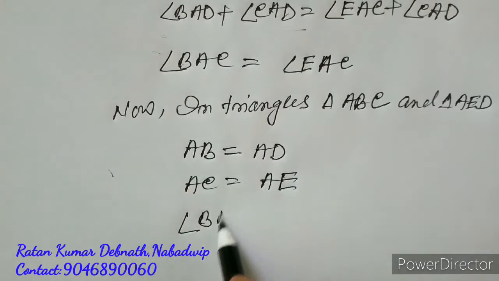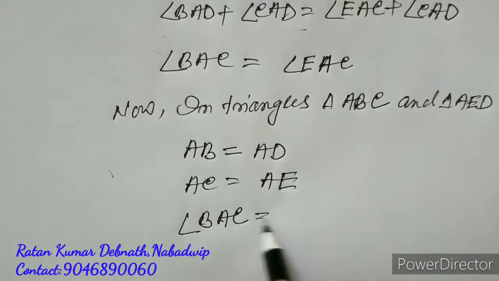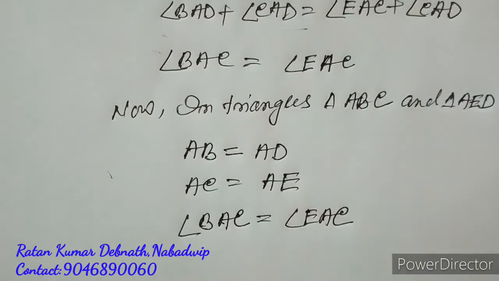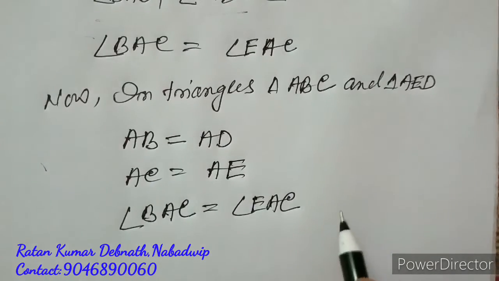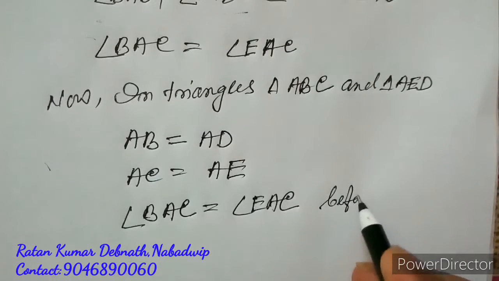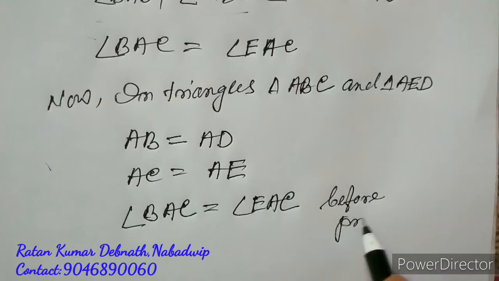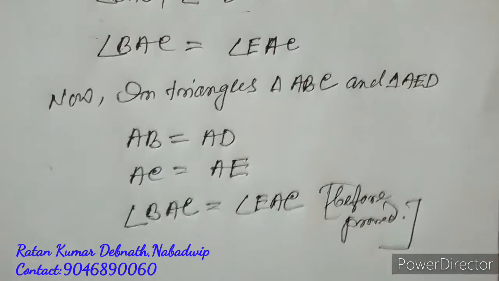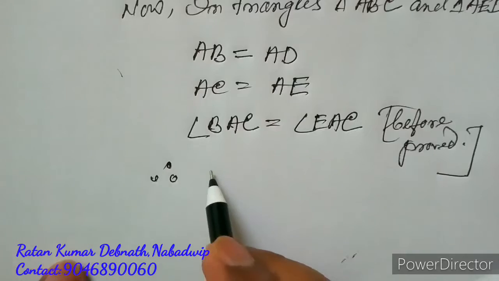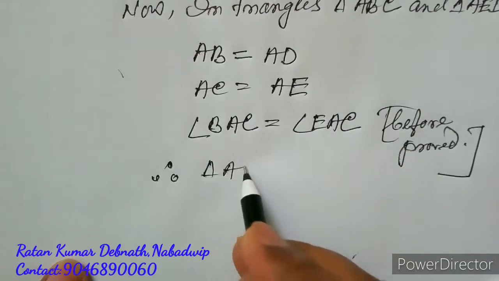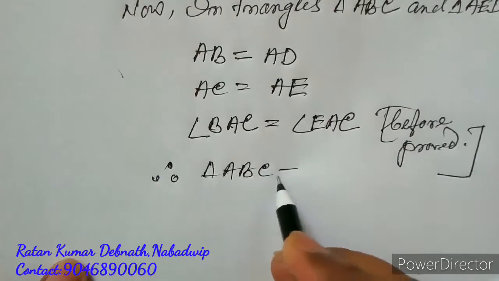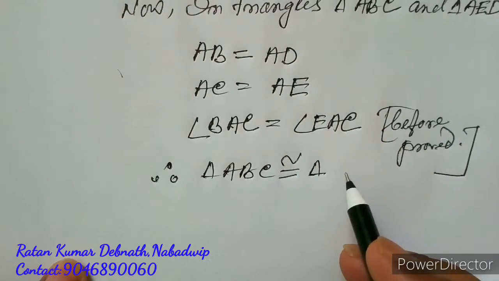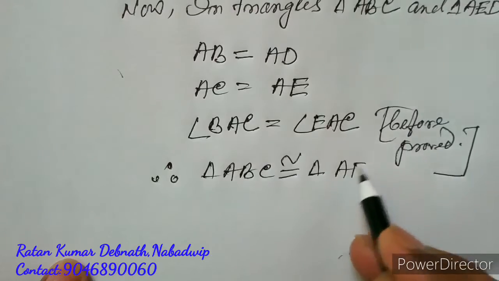And angle BAC equal to angle EAC. Why? Proved before. We already proved this. So the triangle ABC congruent to triangle AED.